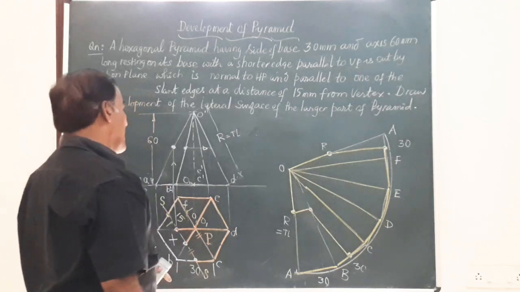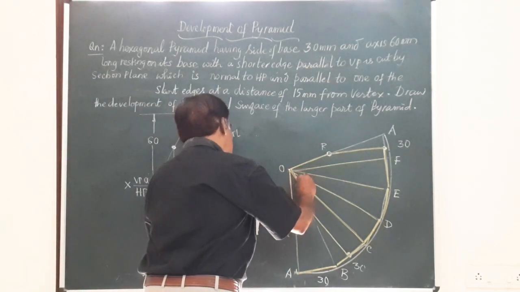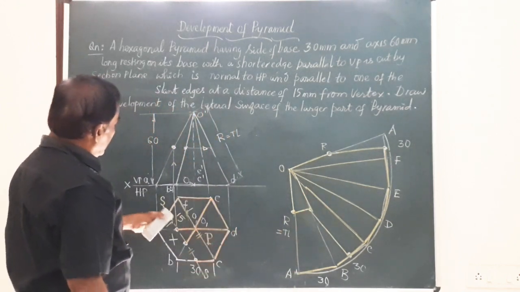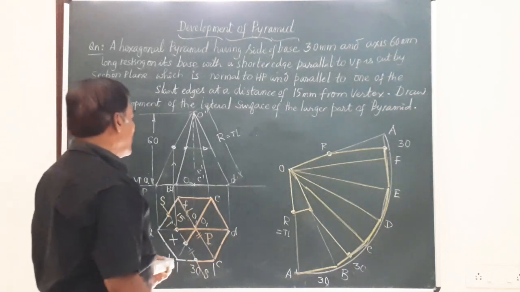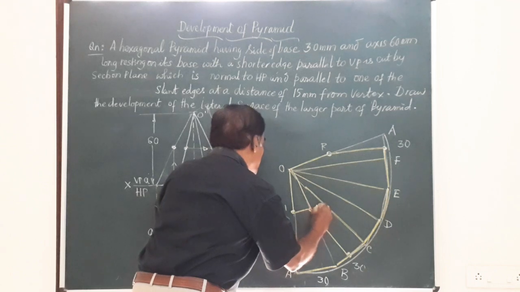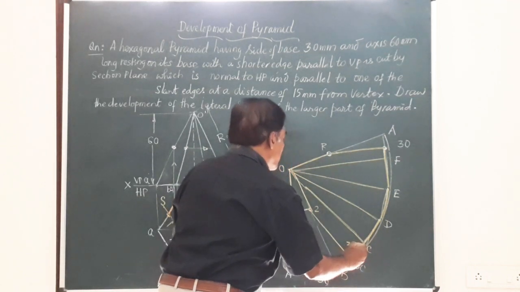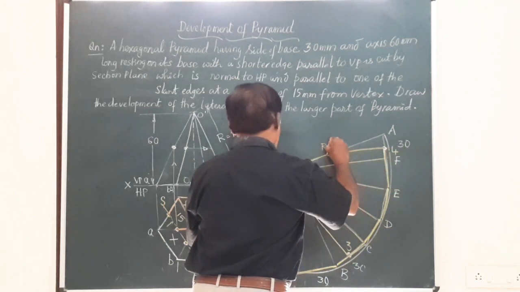Friends, I have shown all the part that is remaining after the section plane cut the solid parallel to one of these. Friends, if you mark this as 1, 2, 3, 4, let me mark them. This is 1, 2, 3, 4, and this is say 1.